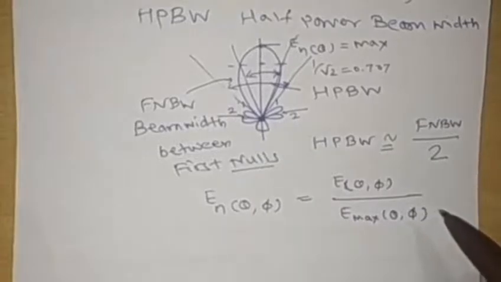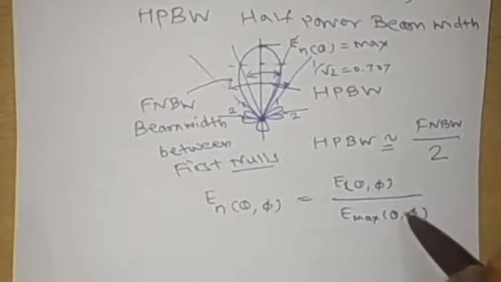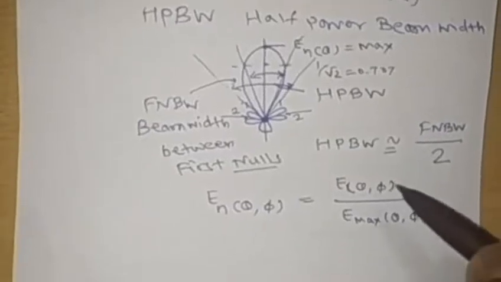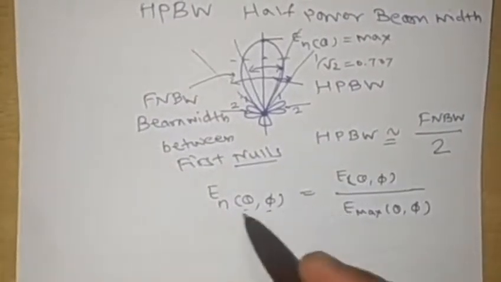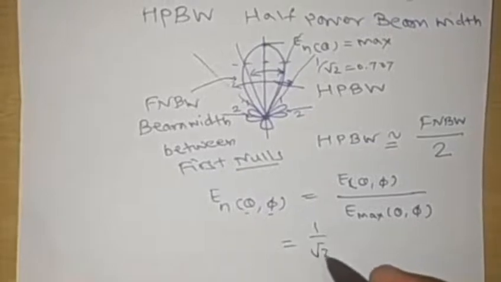Thus, a normalized field pattern is a dimensionless number because it is a ratio of two identical quantities, and half power level occurs at those angles of theta and phi where the value of En of theta comma phi is equal to 1 by root 2, which is 0.707.